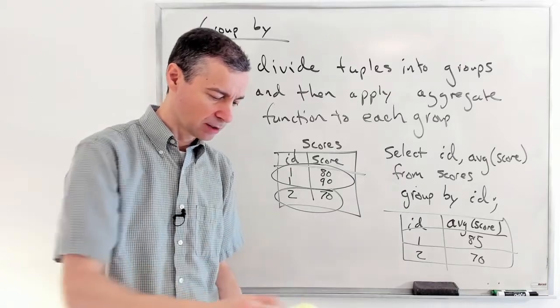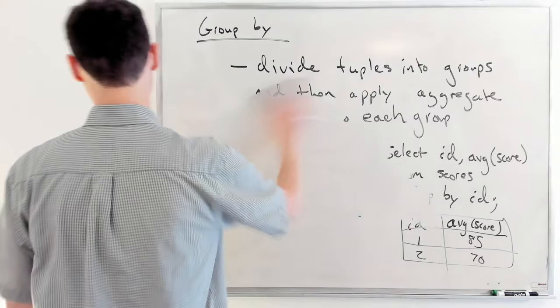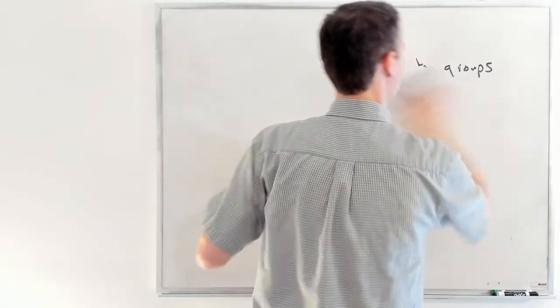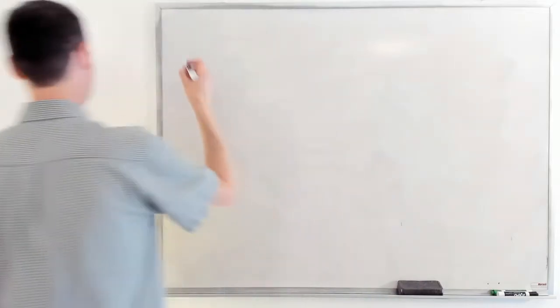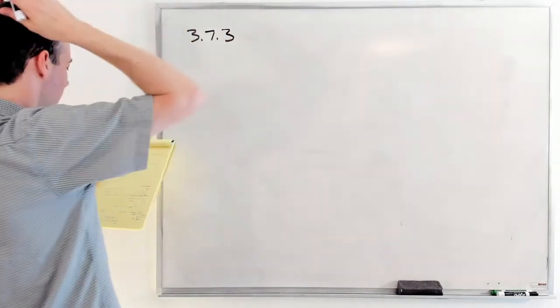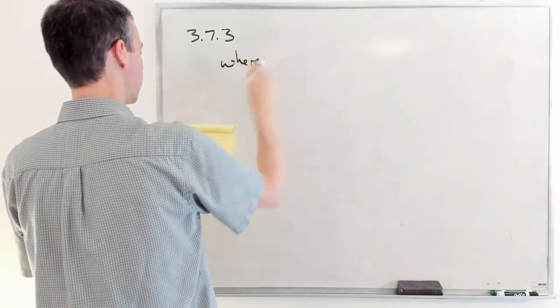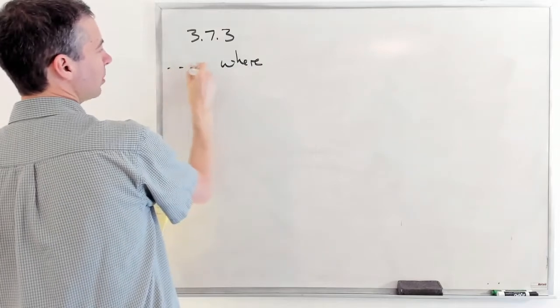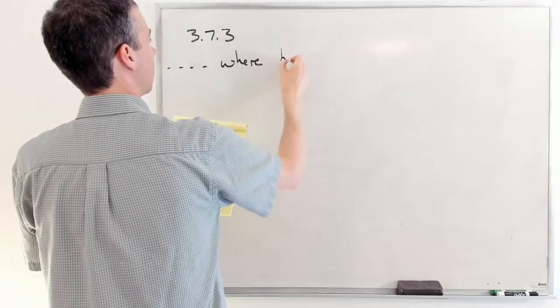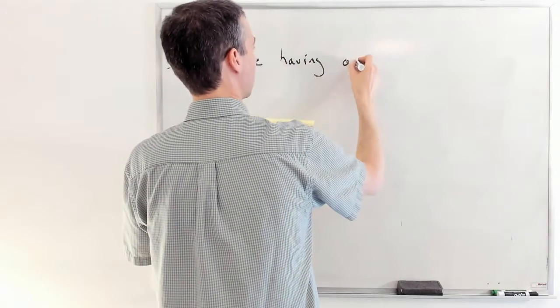All right. There are some other things that we can do with our aggregate methods. In section 3.7.3, you can read more about it, but the basic idea is you could have, where, having, and then you can do an aggregate function.